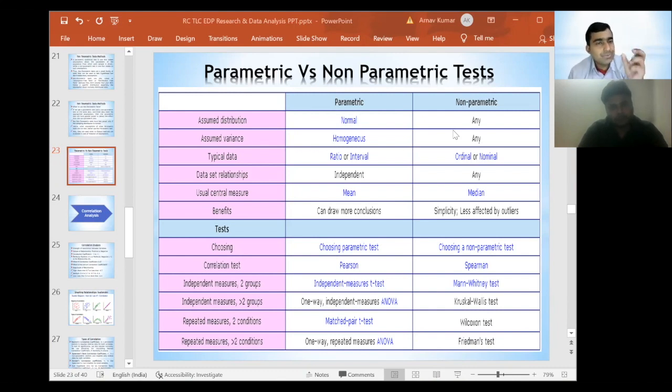So parametric techniques are those which make assumptions about the population parameter, and non-parametric techniques do not make any assumption about the population parameter. That is why non-parametric techniques are also called assumption-free techniques.